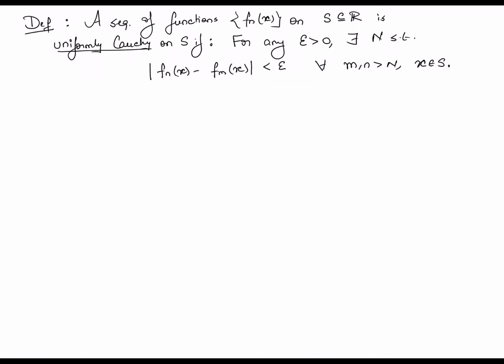Now you should expect that uniform convergence in fact implies uniformly Cauchy. So this I'm going to just state as a lemma and leave the proof as an exercise to you, that if fn tends to f uniformly, then the sequence fn is uniformly Cauchy.